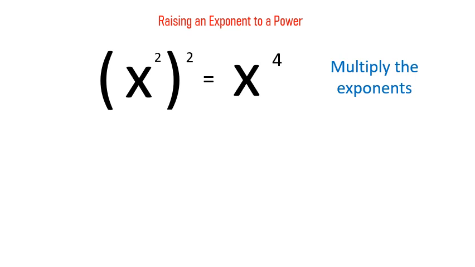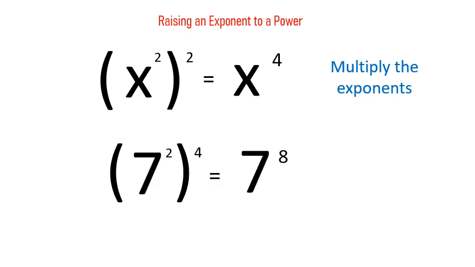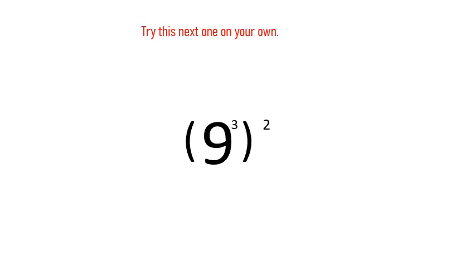So x squared to the second power equals x to the 4th power. With real numbers, that would be 7 squared to the 4th power equals 7 to the 8th power. Try this next one on your own.